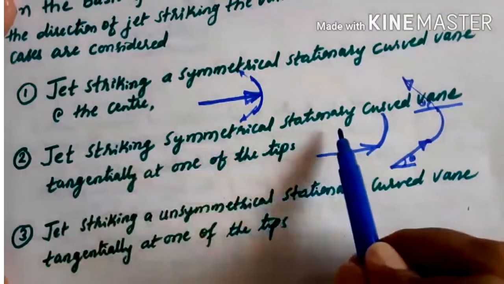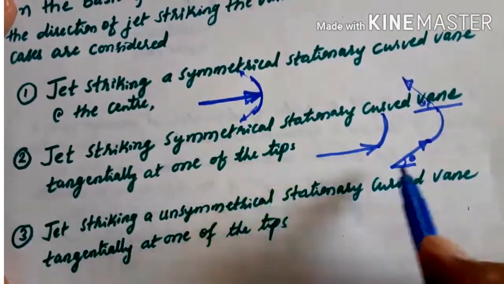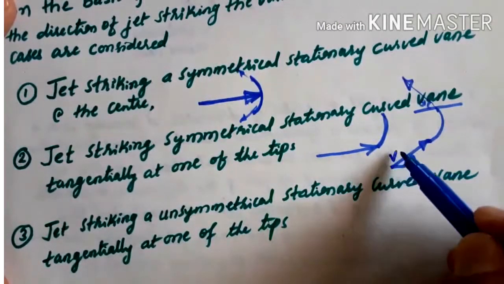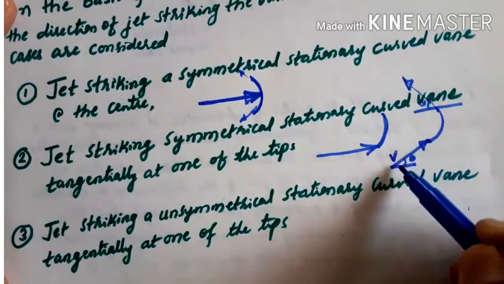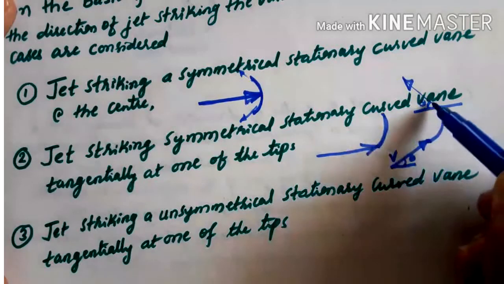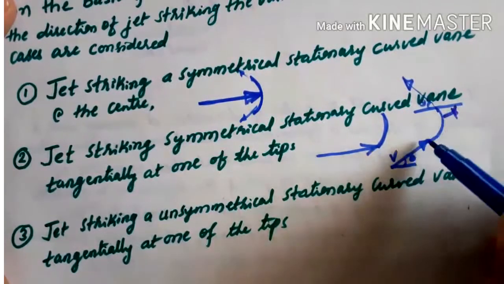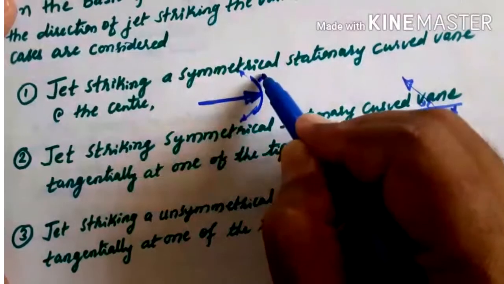The jet striking a stationary curved vane tangentially at one of the tips is acting tangentially. It is entering with angle theta and leaving also with angle theta. So all these cases are fixed cases.